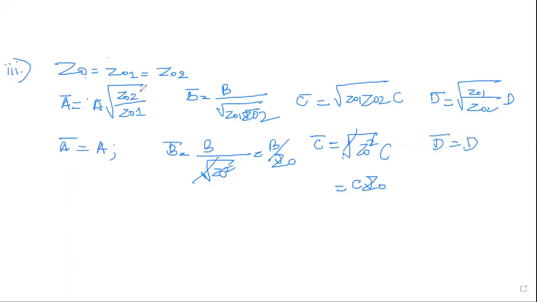Now what you have to do is substitute it and find out the final equations of S11, S12, S21 and S22. So S11 will change according to the property you have applied.